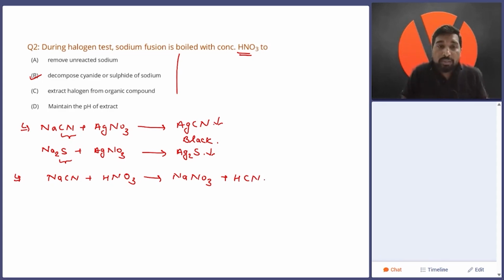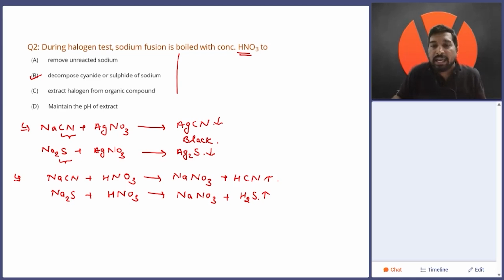For sulfur, Na2S reacts with HNO3 and gives NaNO3 plus H2S, which is a gas and is removed from the solution. After removing these ions, we can do the test for halogen.